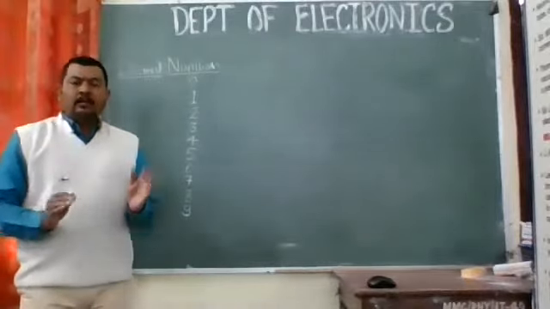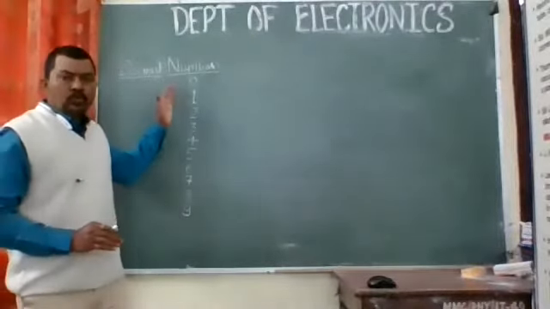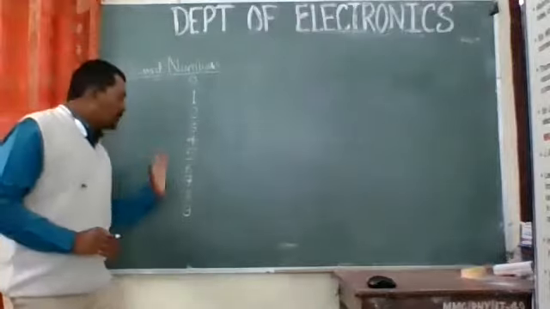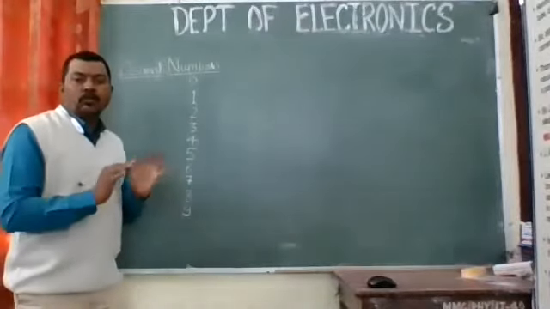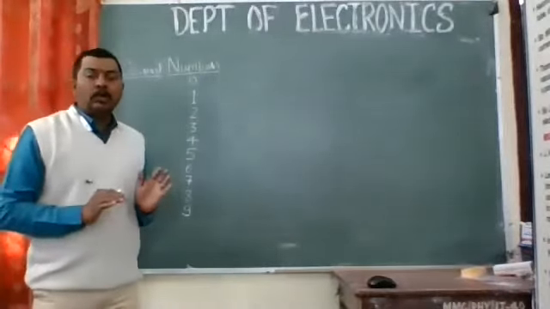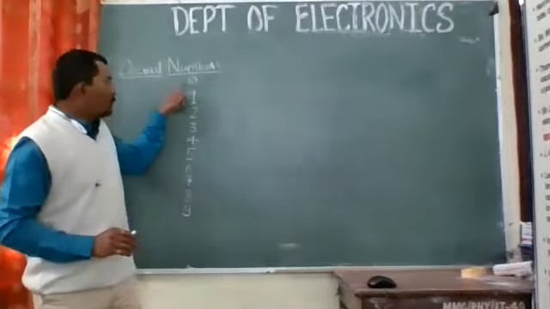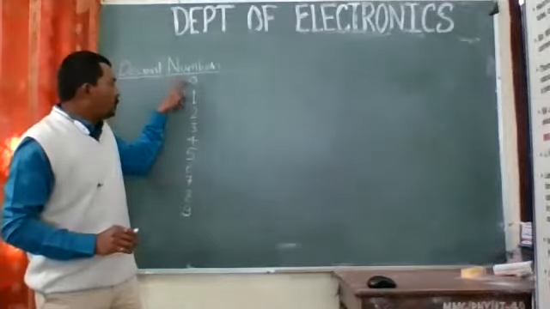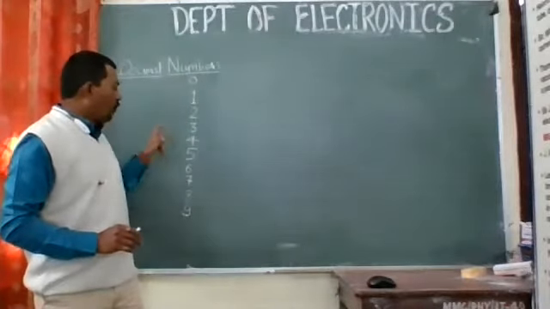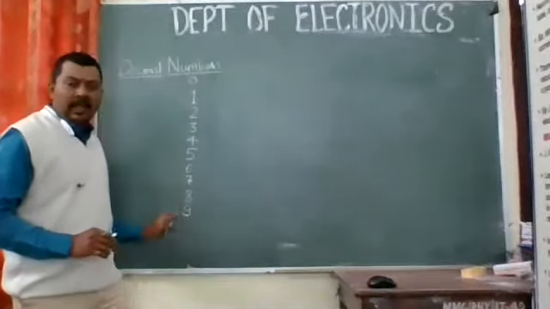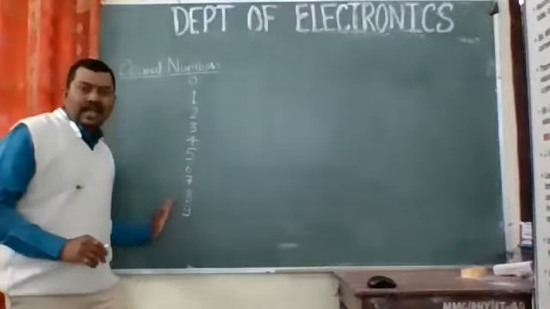So 10 means we are supposed to study these 10 symbols, right? Now we will not call them numbers, but we will call them symbols. So we have studied these 10 symbols, which start from 0, 1, 2, 3, 4, 5, 6, 7, 8, and 9. So these are all 10 numbers.